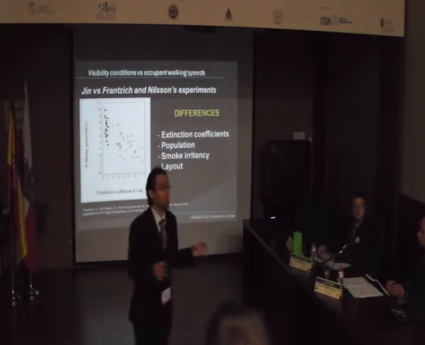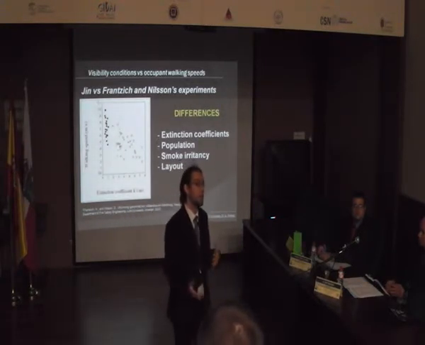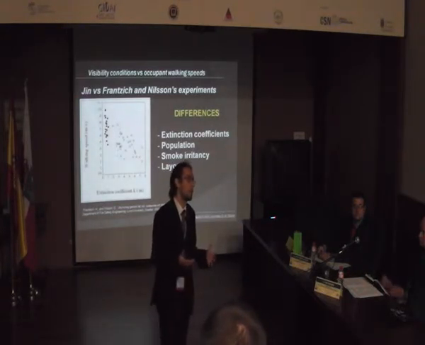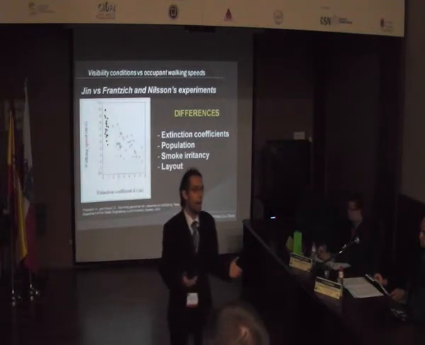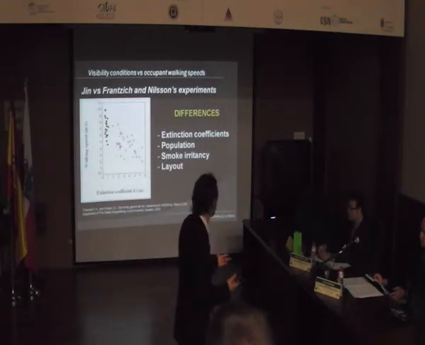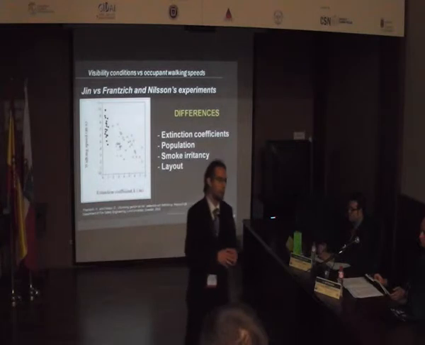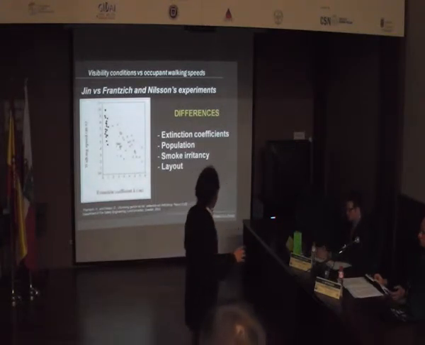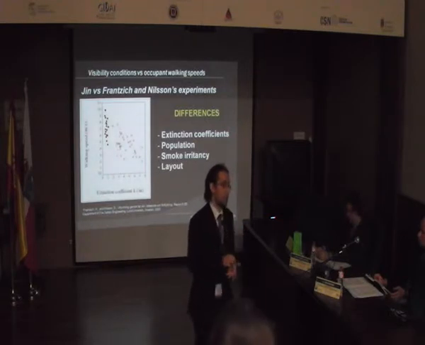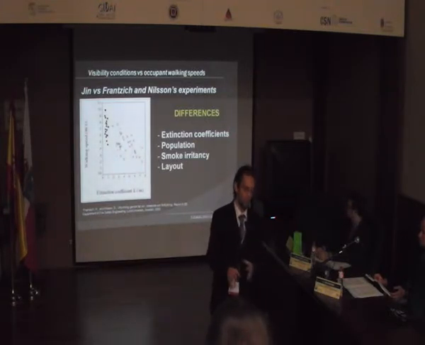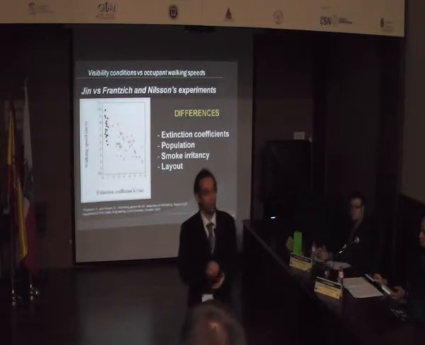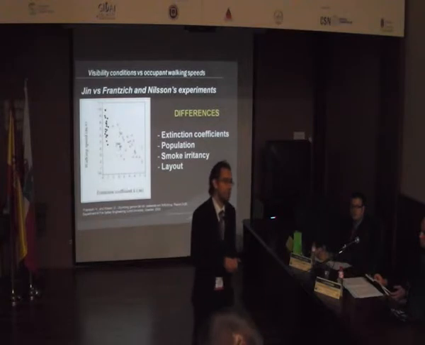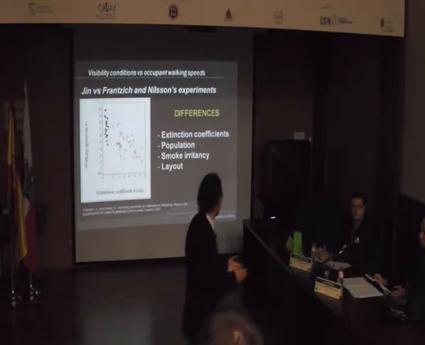The type of population was also different, because in the Lund University experiments we have pretty much only Swedish students, while in Jeans experiments we have two categories, students and non-students, so a broader range of population. And also the smoke irritancy, because in the Lund experiments they were using artificial smoke, coal smoke, and acidic gases for simulating the effect of the irritant gas of a fire.